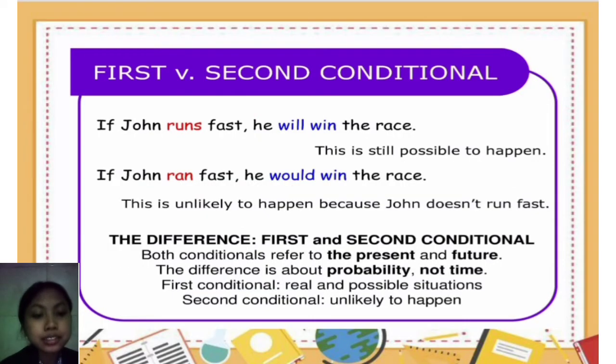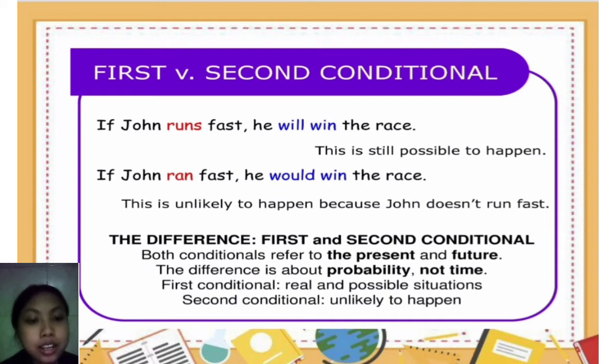Then, the difference between the first and second conditional. Both conditionals refer to the present and future. The difference is about probability, not the time. First conditional is a real and possible situation, but the second conditional is unlikely to happen. Here is an example.